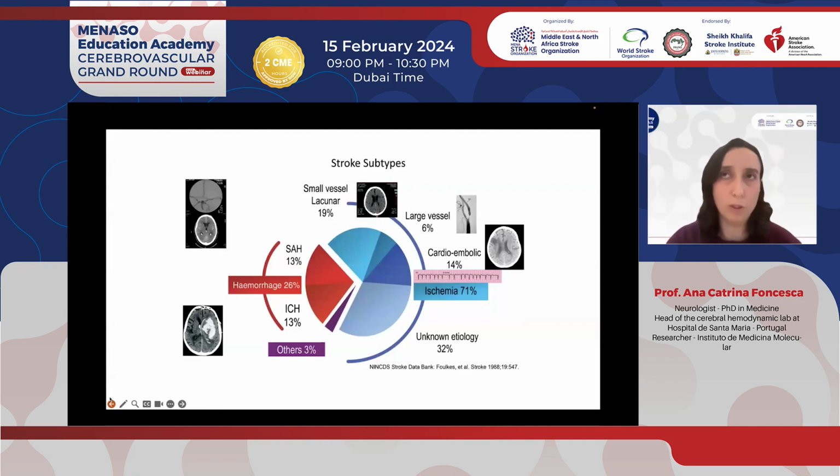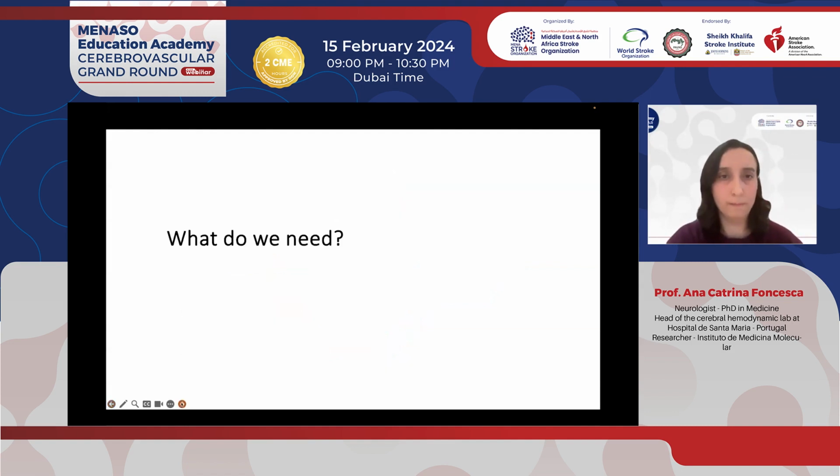So we have to study these patients in a homogeneous way, trying to group them and know more about their phenotype, so that we'll be able to know more about the pathophysiology and then to have specific treatments for these specific stroke etiologies. So we cannot continue to think about stroke as a heterogeneous group, but we have to try to gather patients that have common characteristics in order to be able to apply specific treatments to them.